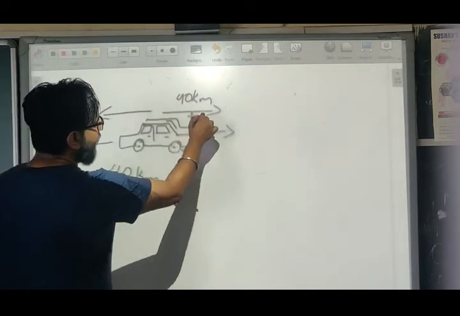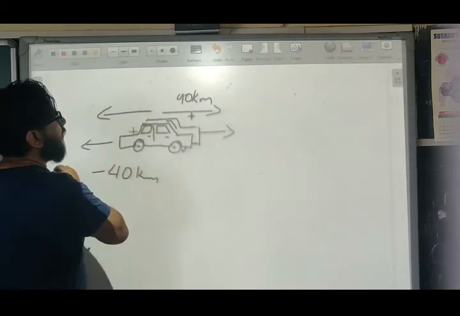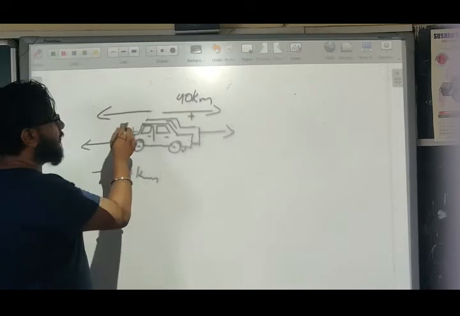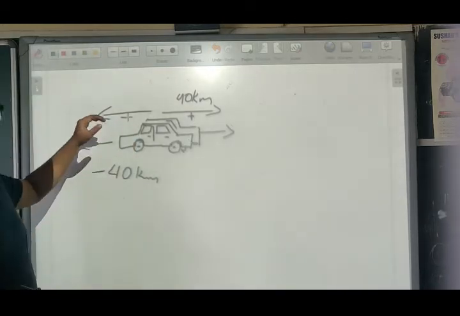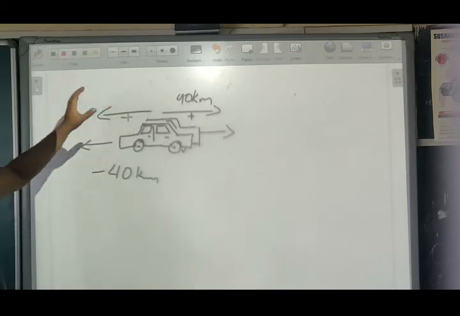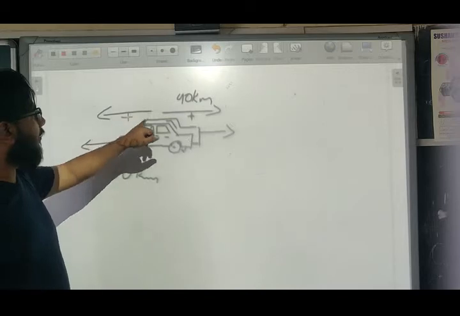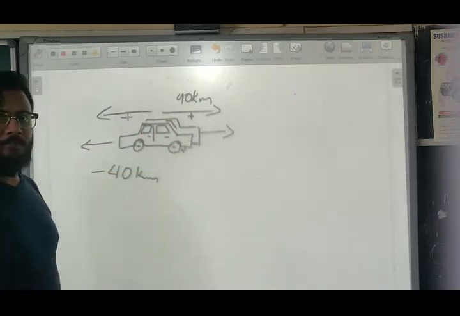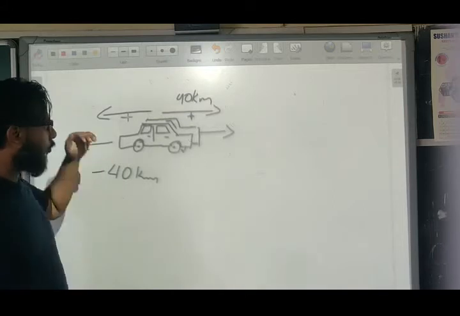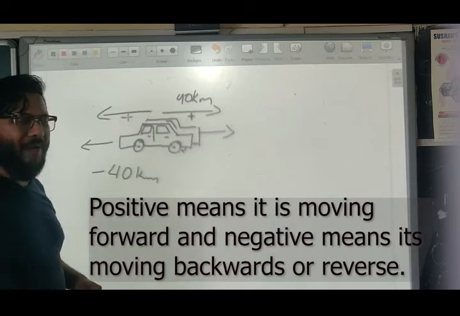This car is going this way, so that is positive, and this car is going this way, that is the left side, and that is your negative. And that is how we determine whether it is velocity or speed. Speed doesn't have direction, velocity has it.